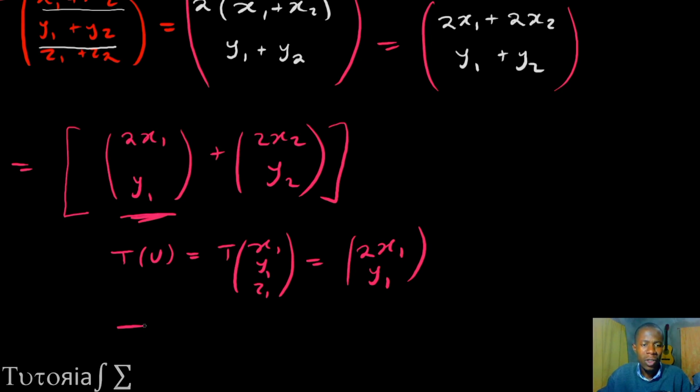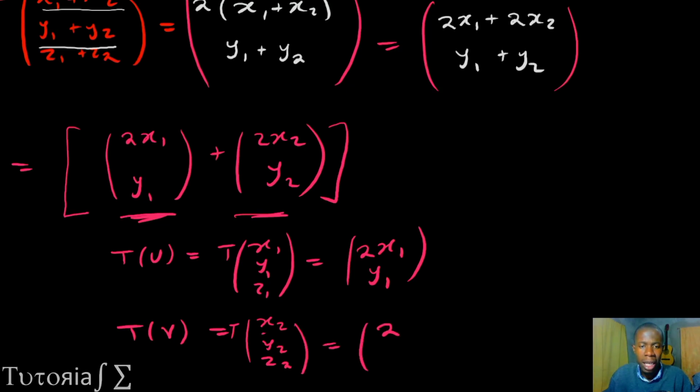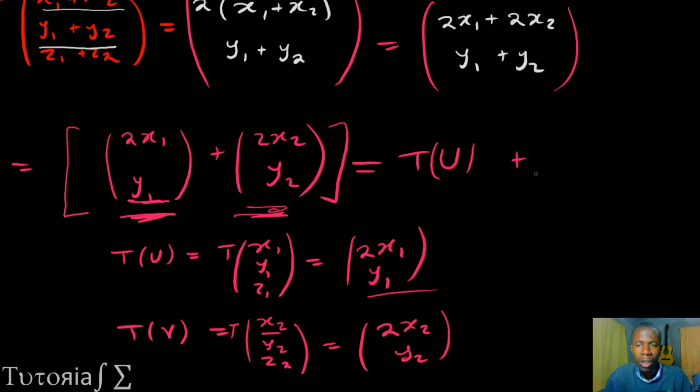Okay, and transformation of v is basically this other part here. So transformation of v, which is transformation of x2, y2, z2, is basically equal to 2 times the x part, which is x2, then comma the y part, which is y2, which will be this. So this basically is equal to transformation of u, which is this part. So this part is the transformation of u plus this part is the transformation of v.